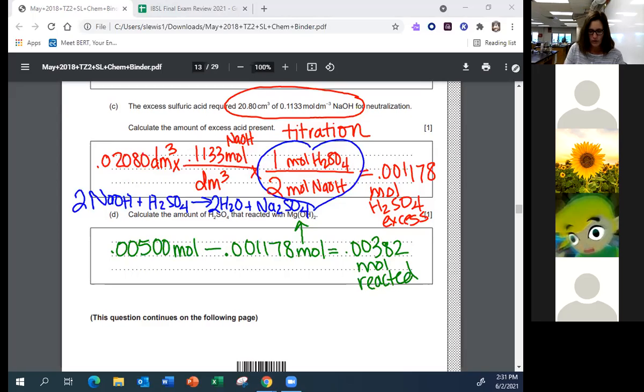When you are doing the first part of a question and you are confused or make a mistake, just do your best to come up with a meaningful answer that you can carry on to the next part. There's always error carried forward. Here we are at part D, and I have the correct answer up there, but maybe you don't have the correct answer.